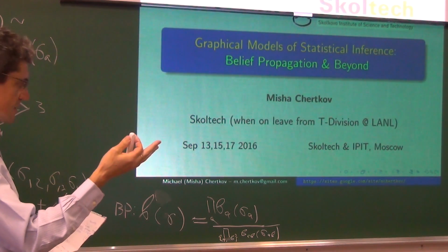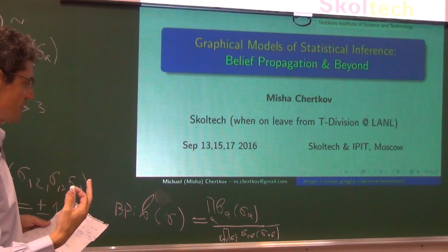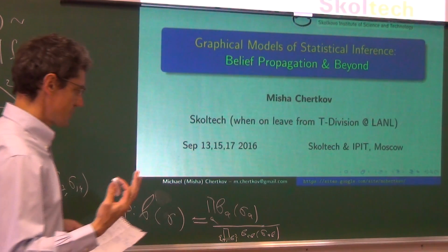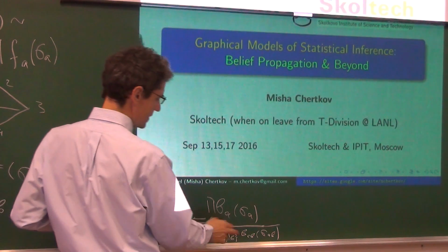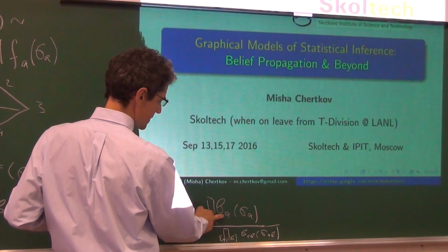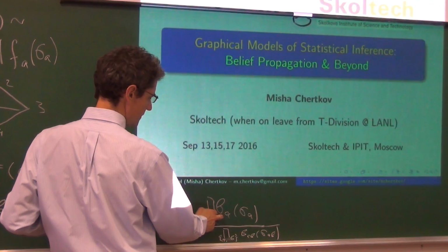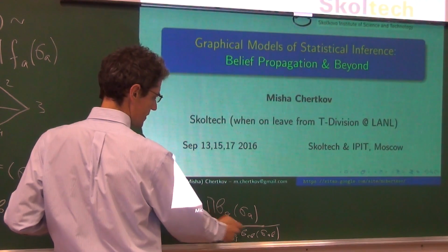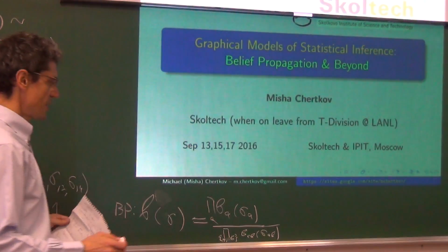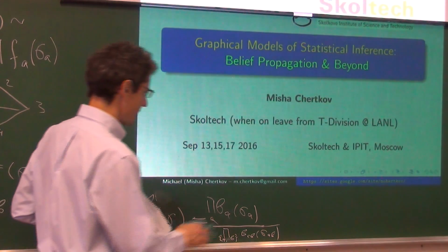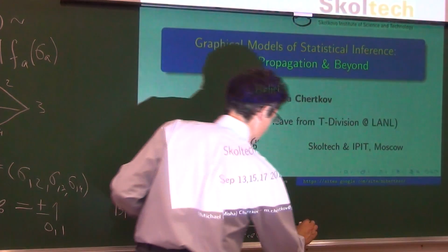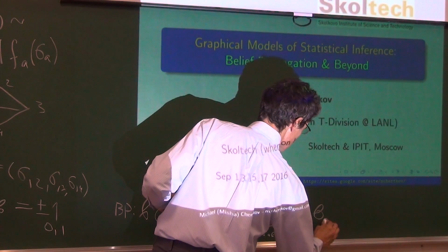So I want to minimize this functional over all possible beliefs, and beliefs which are consistent, and consistency is, well, basically a relation between beliefs associated with vertices and beliefs associated with edges. Let me actually write it down because it may be useful.